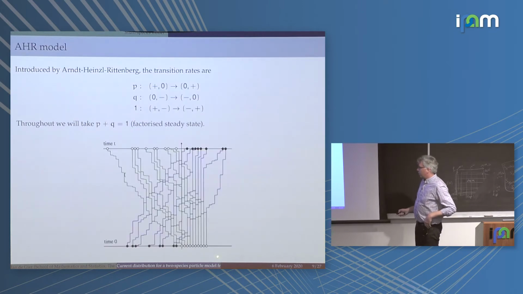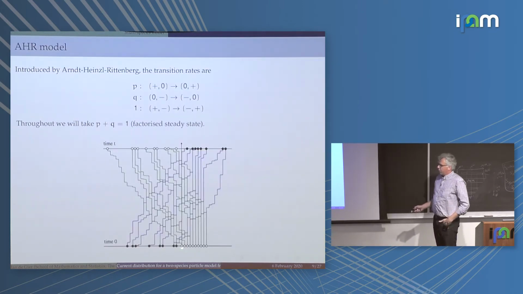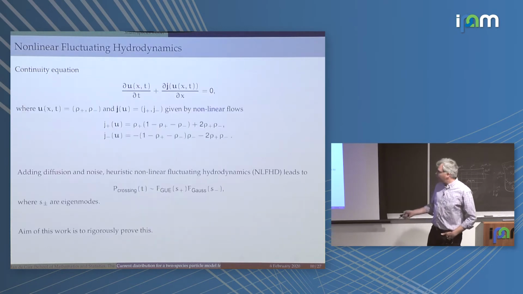Yeah, it's like in the picture. You have Bernoulli for the plus particles and step for the white particles. But you can take, of course, other initial conditions, and then maybe this will change to GOE or some other.